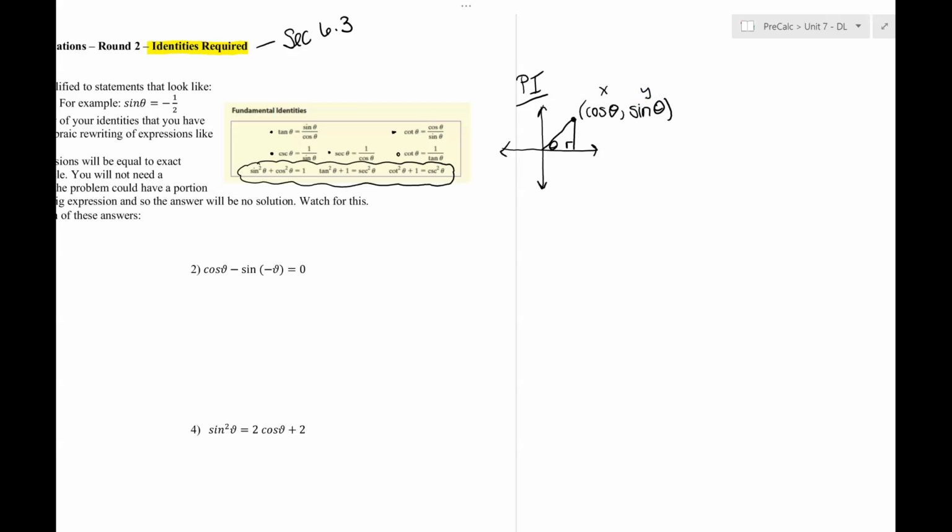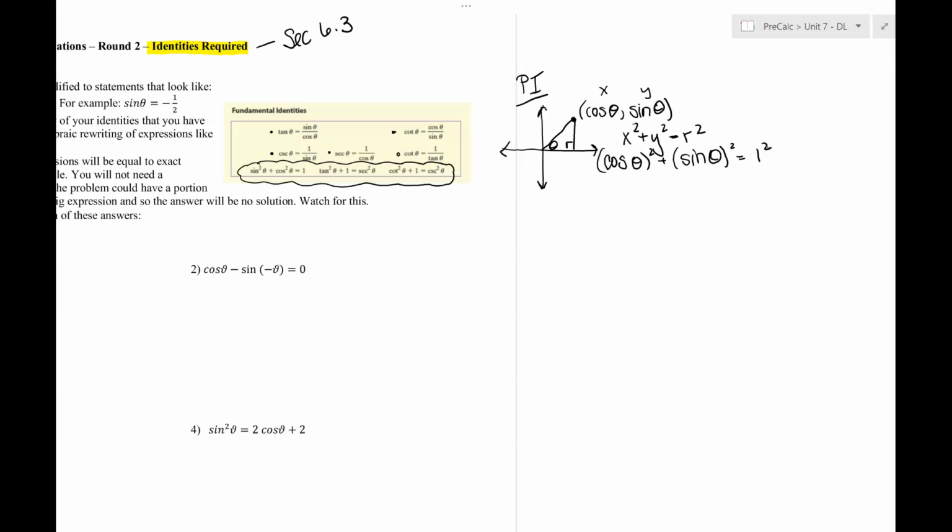If we look at our unit circle, we say that x squared plus y squared is equal to r squared, and on our unit circle, x is cosine, so we have cosine theta squared plus sine theta squared is equal to 1 squared.